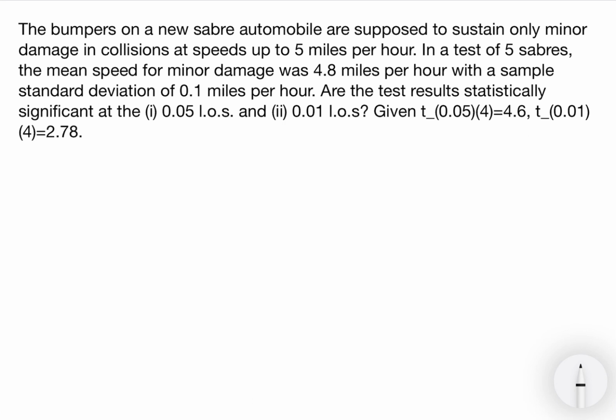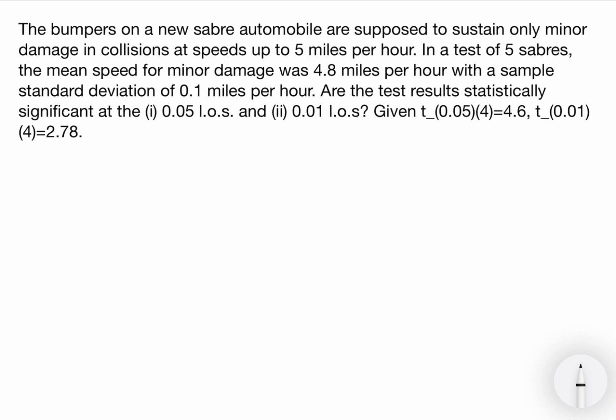Is the test result statistically significant at the 0.05 level of significance and the 0.01 level of significance, given the critical values at 4 degrees of freedom: at 0.05 level is 4.6 and at 0.01 level is 2.78.